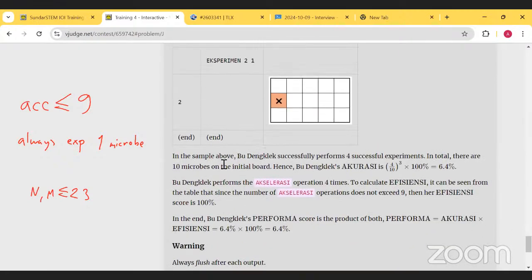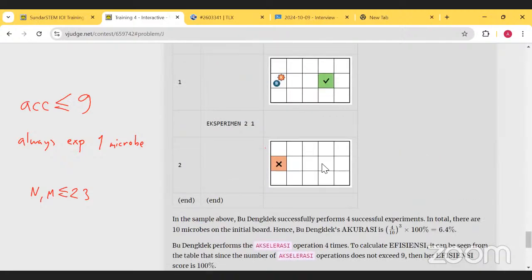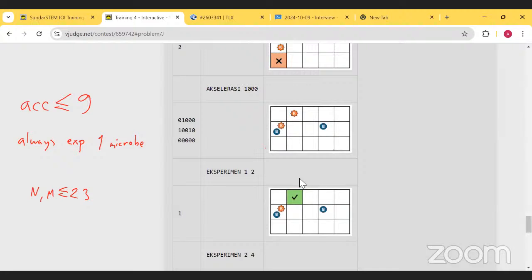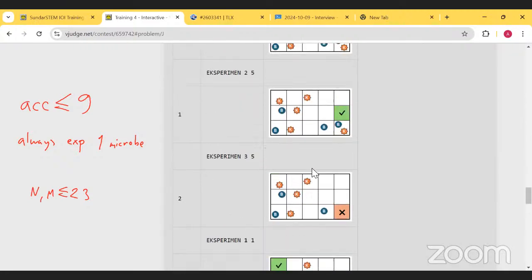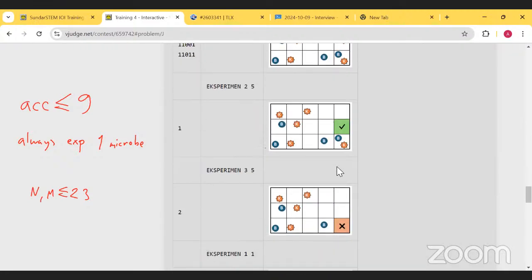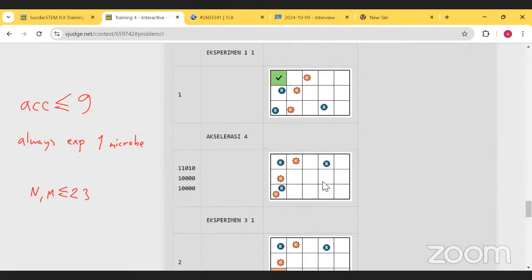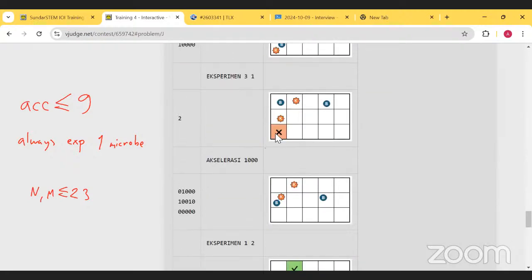So in the above sample, there are four successful experiments, 1, 2, 3, 4, and there are two failed experiments.